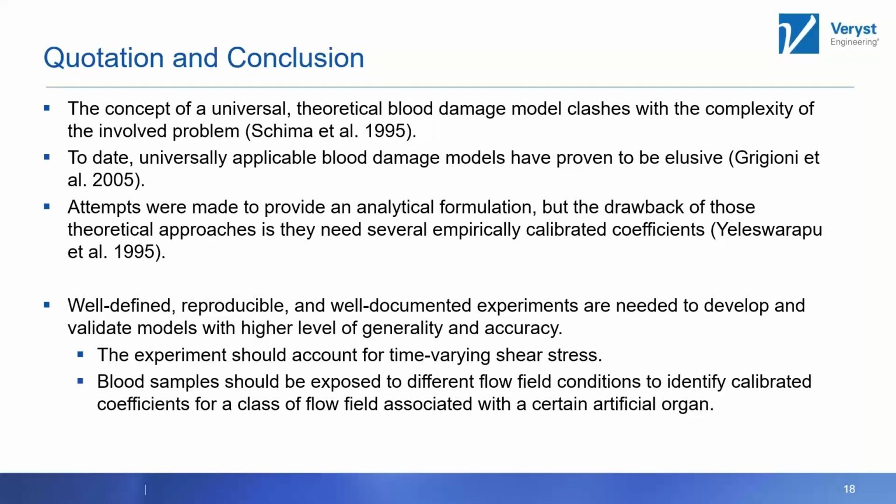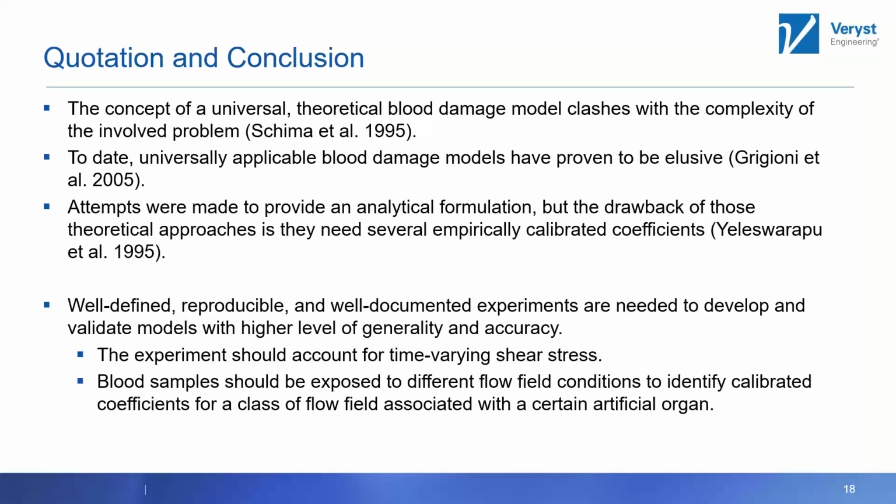And the conclusion is that in order to quantify blood damage, we need well-defined, reproducible, and well-documented experiments that have higher generality and accuracy. These experiments should account for time-varying shear stress, and this is very important. In these experiments, blood samples should be exposed to different flow conditions to identify calibrated coefficients for a class of flow fields associated with a certain artificial organ.